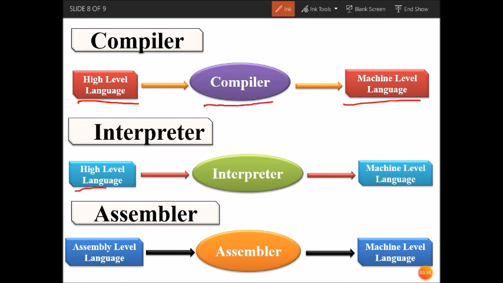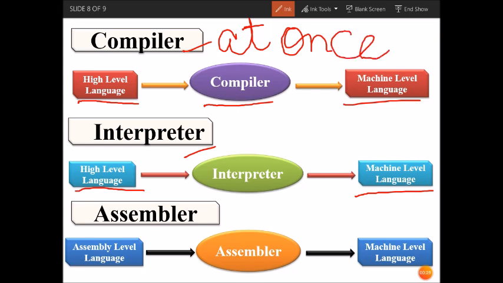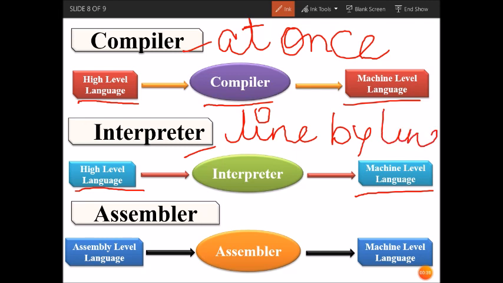Interpreter is also used to convert high level language into machine level language, but the difference is compiler reads the complete program and translates the complete program at once, but interpreter reads the program and translates the program line by line, which means it reads one instruction at a single time. And assembler converts assembly level code into machine level code.